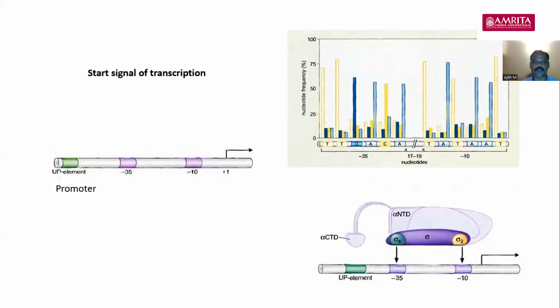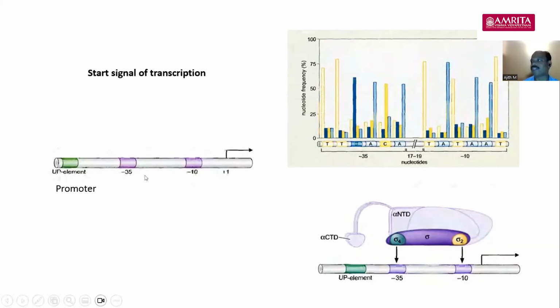I'm going to only talk about that bare minimum sequence that is required for the transcription machinery to identify. I'm looking at that point. Where does it start? So see here, this is how it looks.